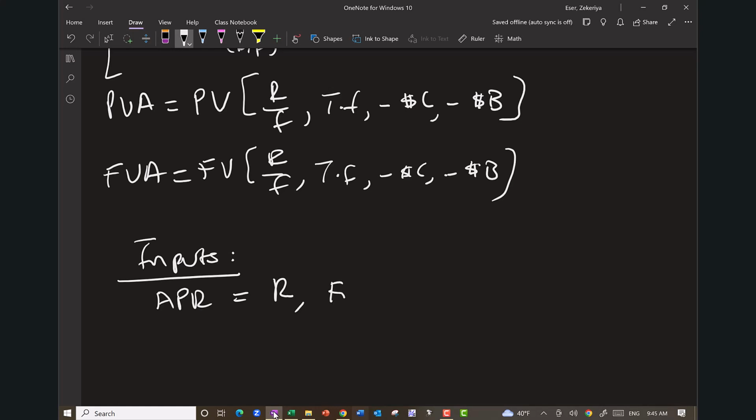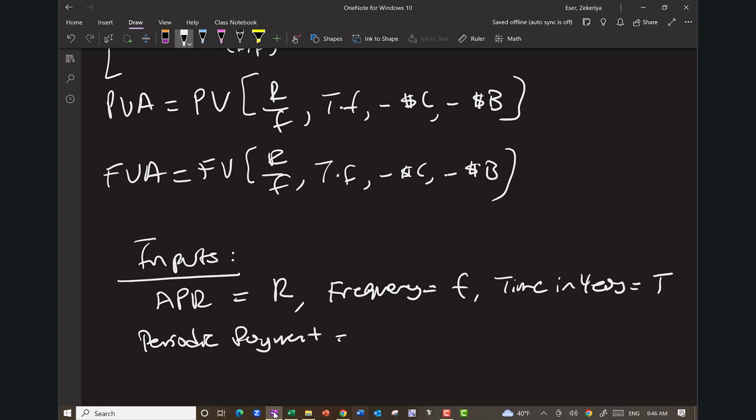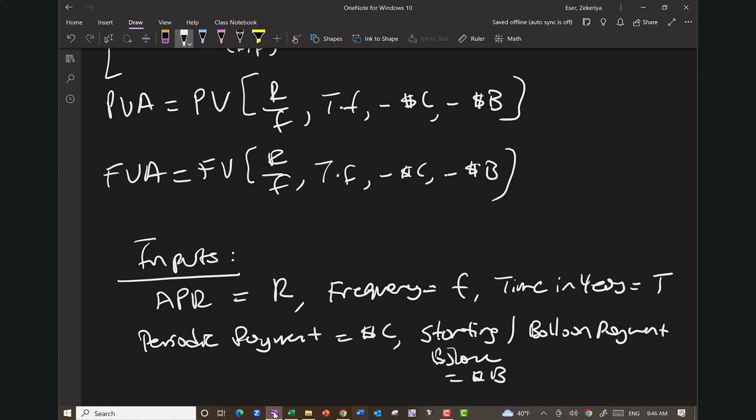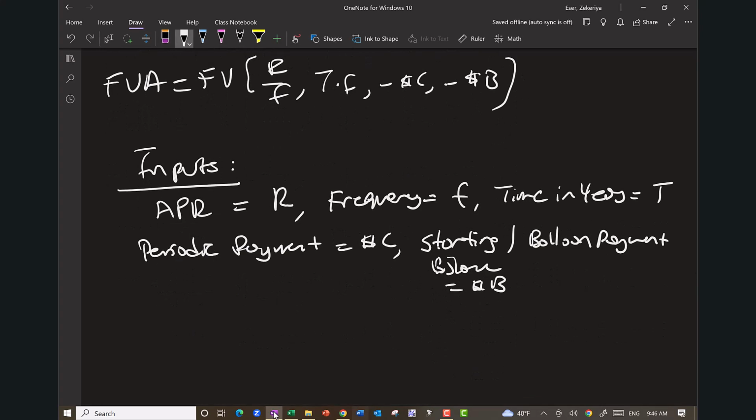I'm going to call frequency F, time in years, T, periodic payment equals $C, either starting or balloon payment or starting balance or balloon payment is $B, and we're going to have either future value or present value.